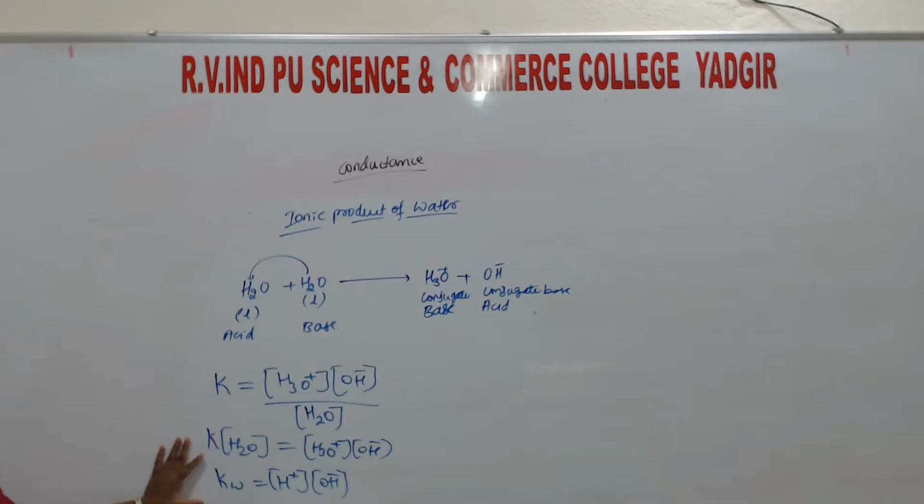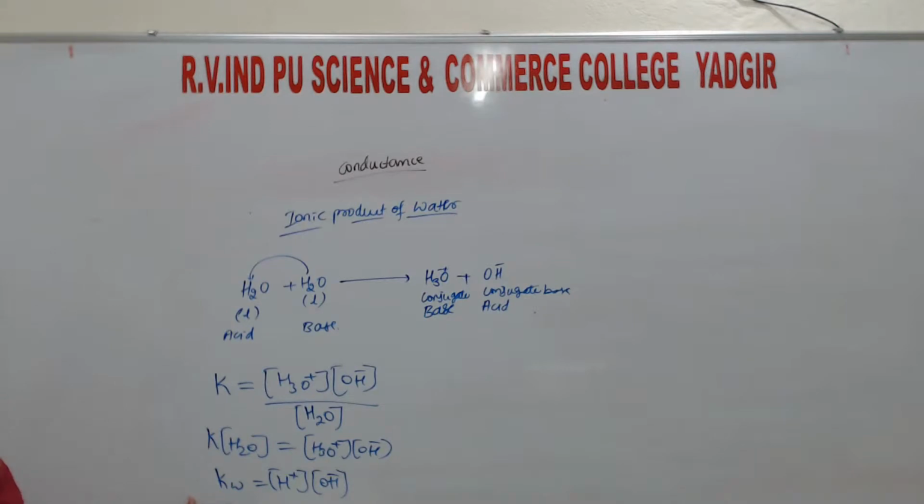In 1 liter of pure water, there are 10 to the power of minus 7 moles, and here the water gets ionized.